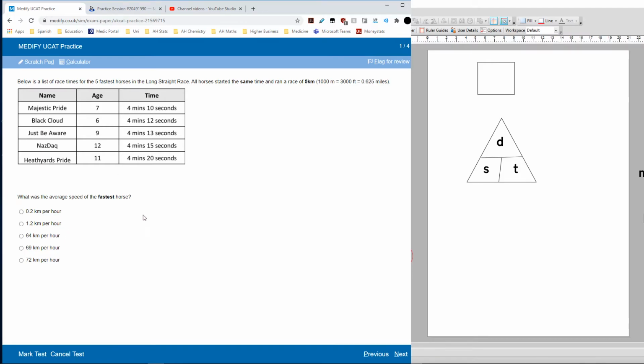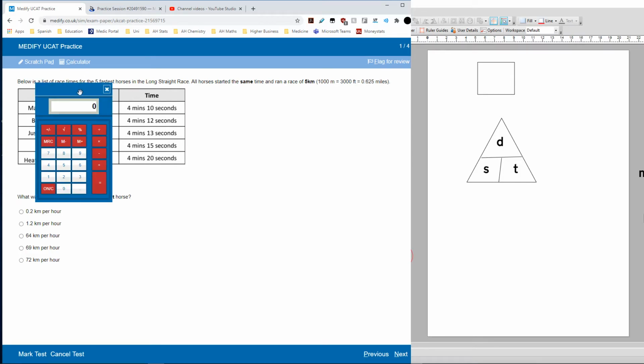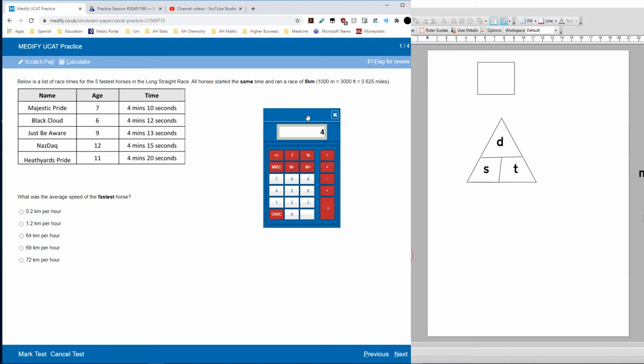That's asking for speed per hour. So what I would do is I would convert this into seconds first. So we know that 4 times 60 is 240 seconds for 4 minutes and 10 seconds.